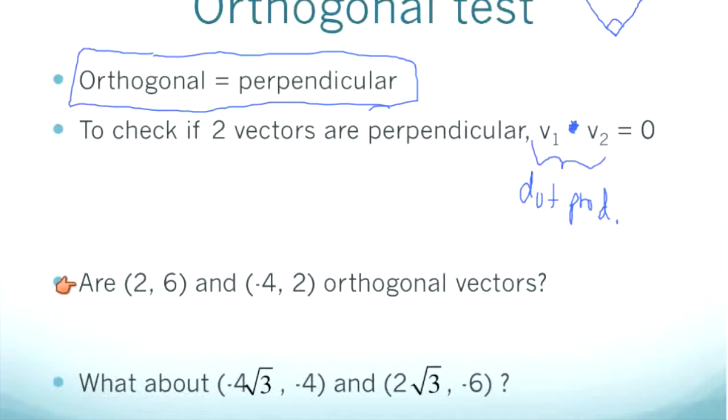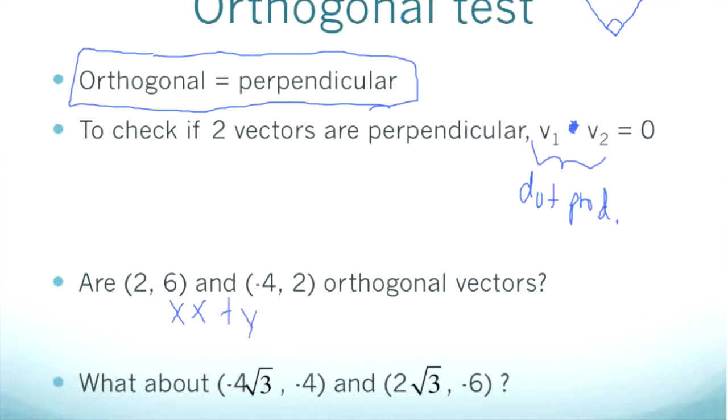So down here, for this first question, we're going to check and see if 2, 6 and -4, 2 are orthogonal vectors. Notice they don't even use the word perpendicular. They're assuming that you know orthogonal equals perpendicular. So what am I going to do to vector 1 and vector 2? I'm going to multiply them using the dot product.